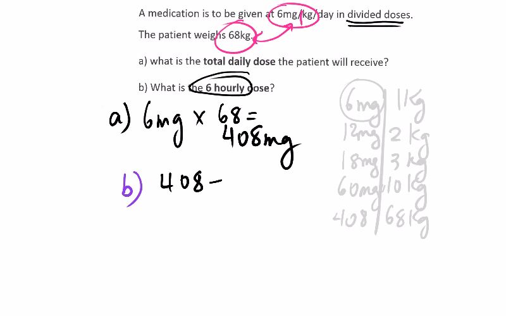So we simply have to divide this 408 by 4, like we did before. 102 milligrams every 6 hours, to use the same language as the question did, but of course we could say 102 milligrams per dose, or 102 milligrams 4 times a day.